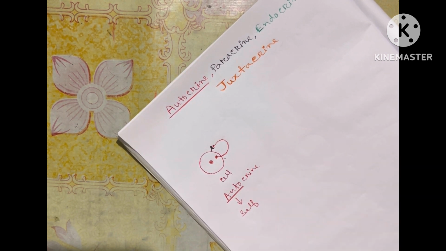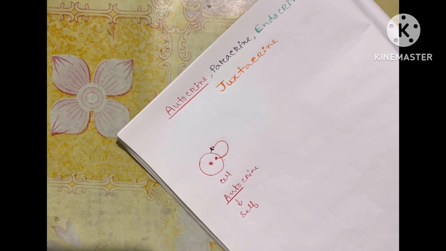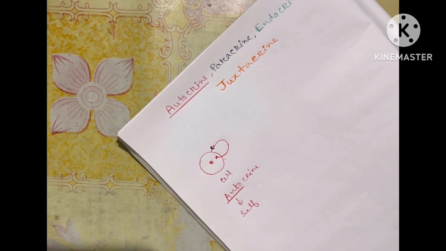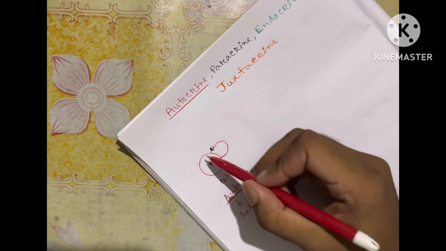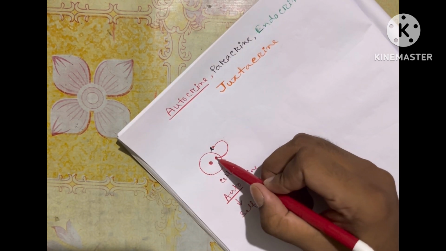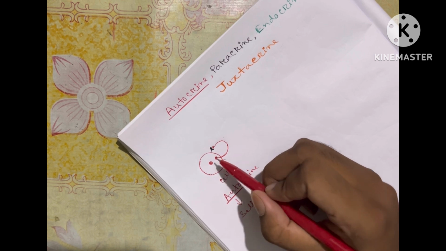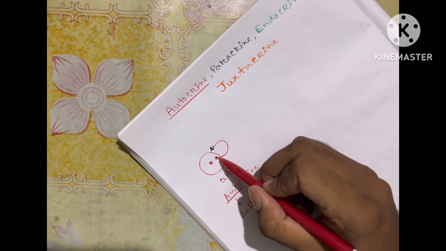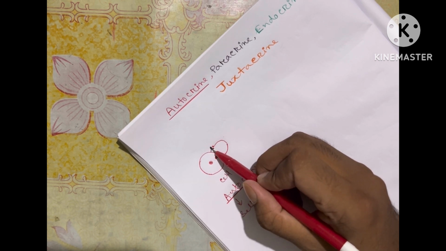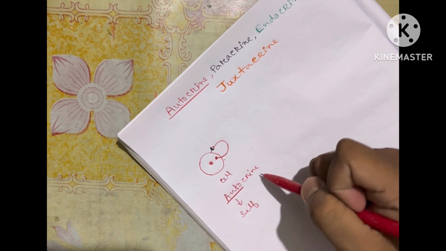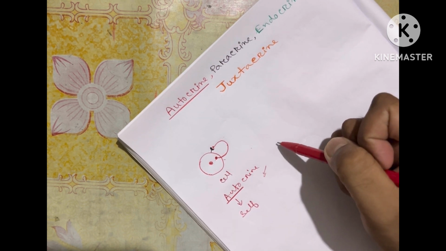So that's why it is called autocrine signaling. So in this case, if the cell signaling molecule comes from its own cell and binds upon its own cell surface receptor, then it is called autocrine signaling.